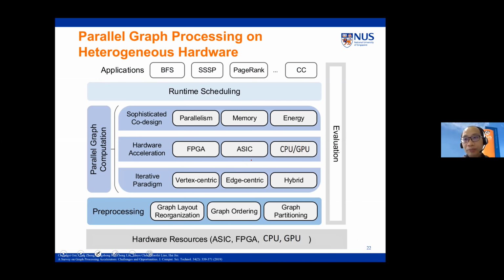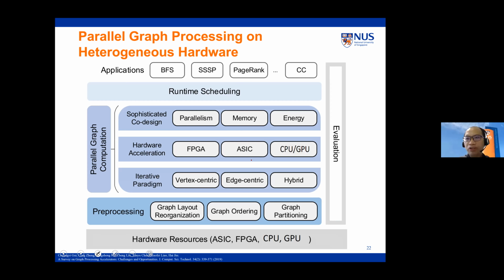So in the past decade, we have been looking at how we can architect parallel graph processing systems on heterogeneous architectures. So we start by looking at this landscape from the top down. We are motivated by a lot of applications, as we mentioned, fraud detection, and also constrained shortest paths for autonomous vehicles in a port.